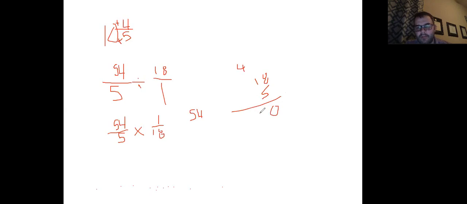And then that's a 9. So 54 over 90. And can I simplify that? Any number goes into 54 and 90? Well, 9 does. 9 goes into 54 6 times. So that's a 6 out of 10. Simplify that again. Divide by 2. That's 3/5.